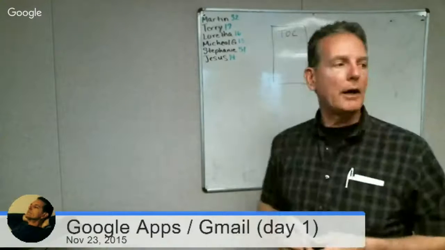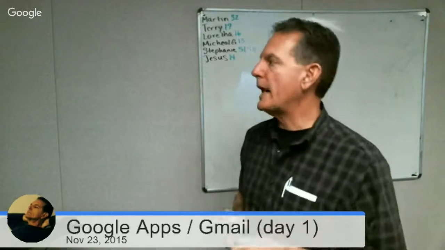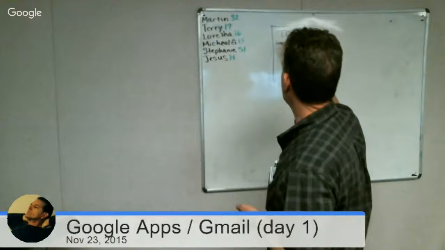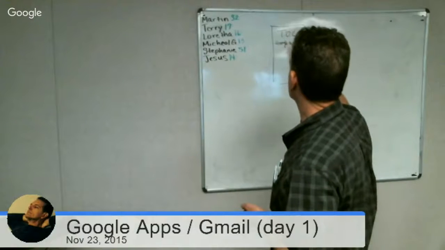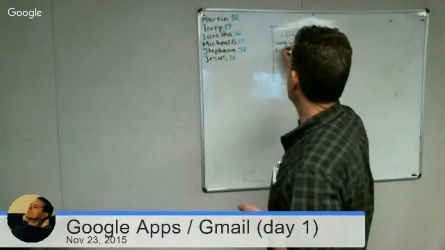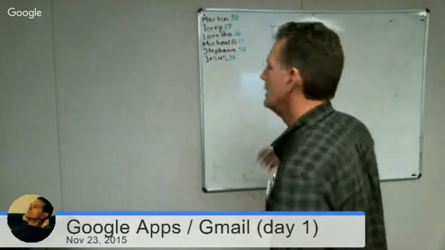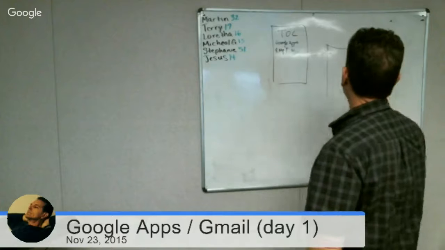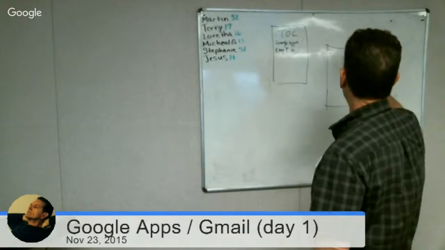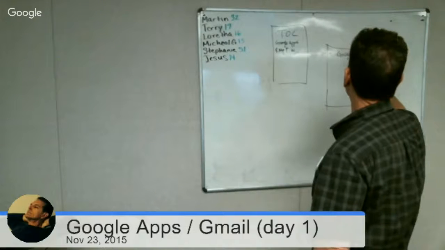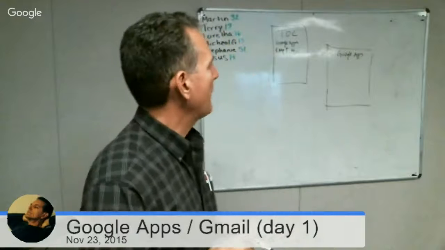The table of contents is to have the major categories. One major category is going to be Google Apps. Another major category is employment, planning, workshop. And then you have another page in your book called Google Apps. That's the page I'm referring to right now, that everybody should be on.